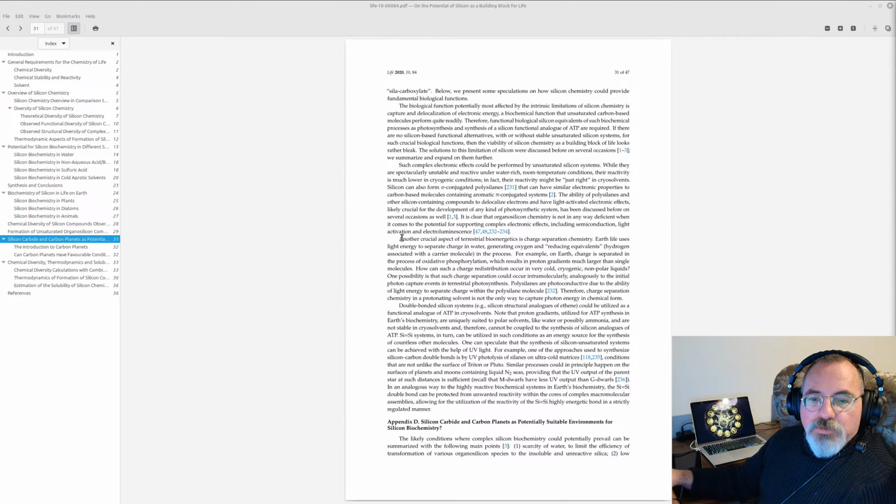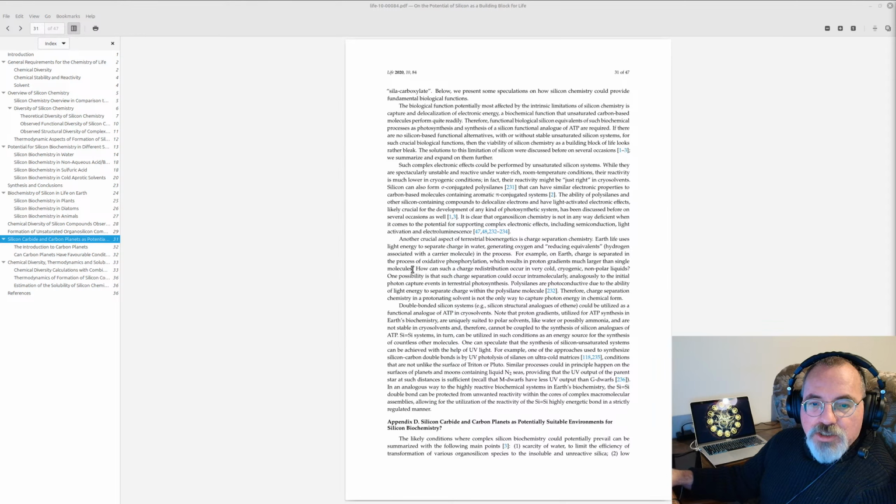Another crucial aspect of terrestrial bioenergetics is charge separation chemistry. Earth life uses light energy to separate charge in water, generating oxygen and reducing equivalents, hydrogen associated with a carrier molecule in the process. For example, on Earth, charge is separated in the process of oxidative phosphorylation, which results in proton gradients much larger than single molecules.